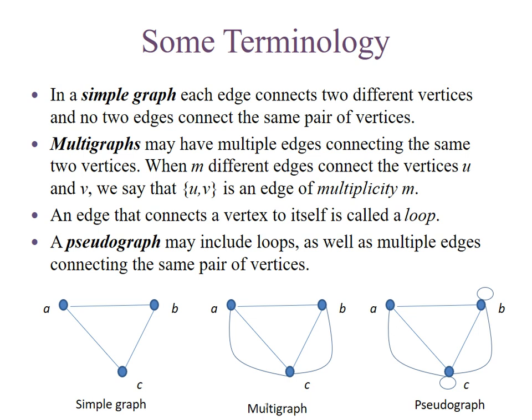If we have a loop in the graph, then we call this a pseudograph, because we may have multiple edges and we may have loops. So the first type we have is the simple graph, multigraph, and pseudograph.